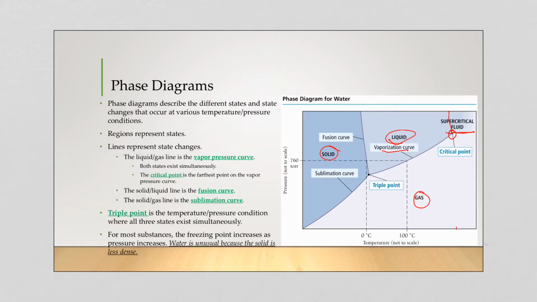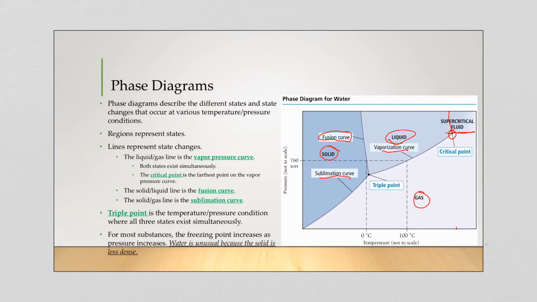Now, the other lines: the line separating the solid and liquid phases is called the fusion curve, for melting. And the line separating the solid and the gas region is the sublimation curve. So we have names for the curves, names for the phases, and we've seen the critical point.